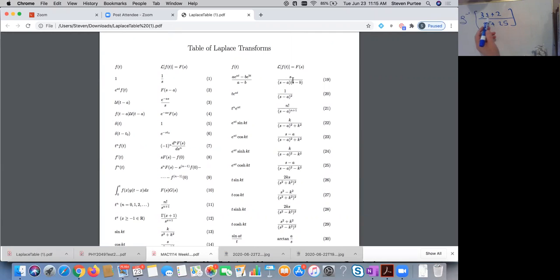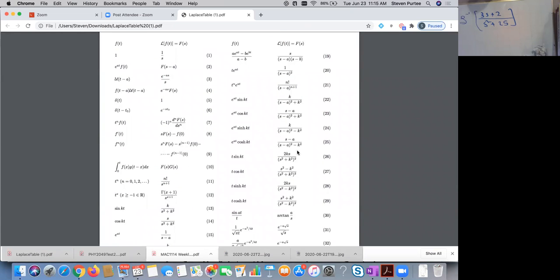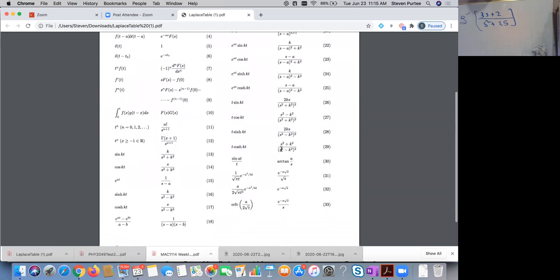However, for the one we're working on, there's no formula that matches that. Don't try to get fancy and try to match up with these. It's not going to work out. We want to use these guys by separating this out. So I'm going to split this up. The s over s squared plus 25 will be a cosine.